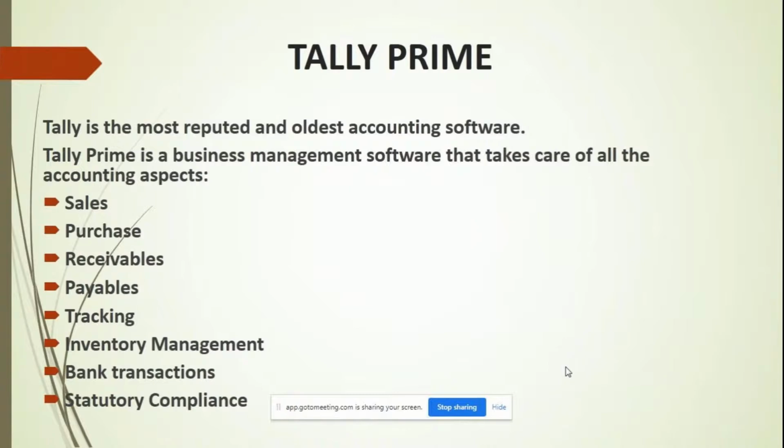It can be sale, purchase, receivable, payable, tracking of costs, stock or inventory management, the bank transactions, the statutory compliance. All these will be taken care of by the TallyPrime software. So it is like a one-stop solution to all the problems of an accountant.